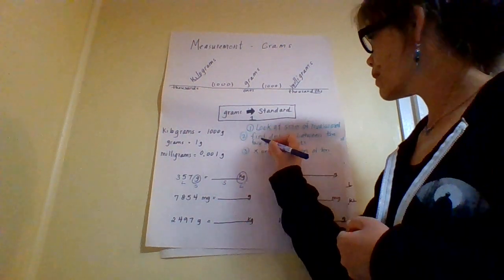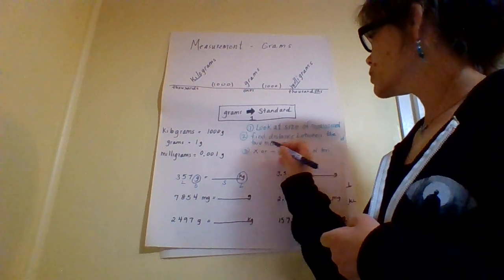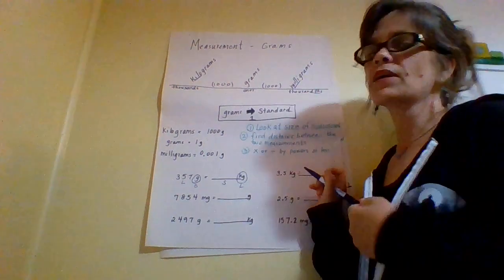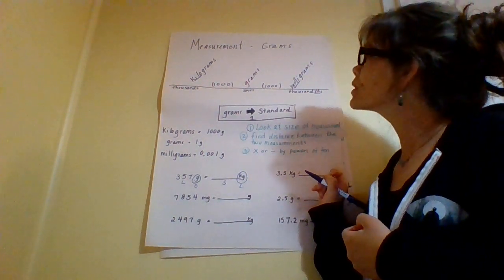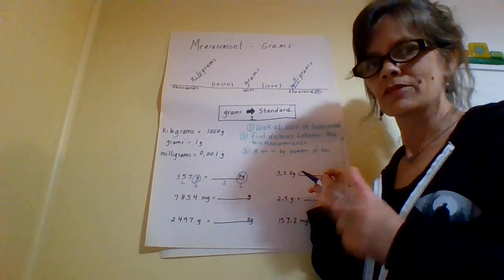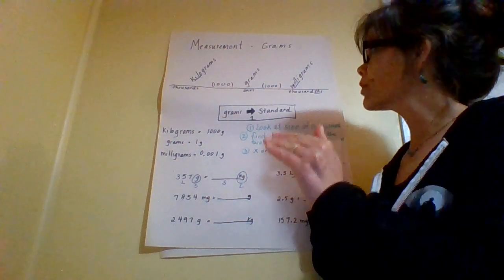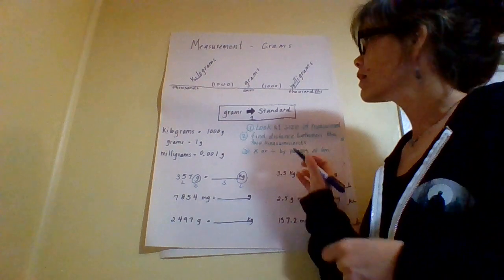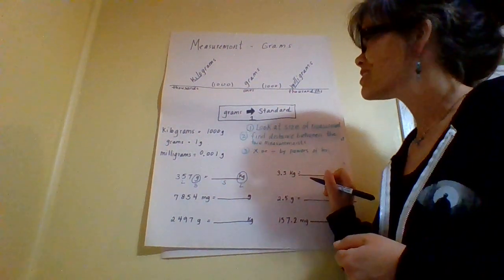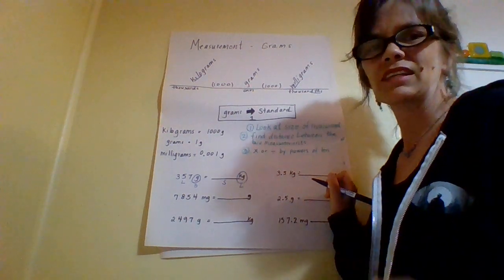Now our second step is to find the distance between the 2 measurements. Well, this one, when we're doing grams, we don't have centimeters and millimeters. We just have milligrams, grams, and kilograms, and there's 1,000 in between on each step. And so in some ways I feel like that's a little easier.